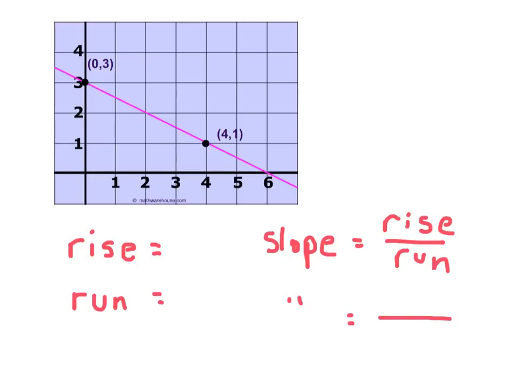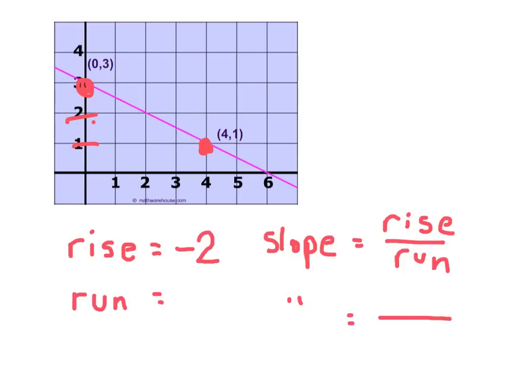Welcome back from pausing the video. Let's start with the rise, the difference in the y direction. I can see that y equals 3 at this point and y equals 1 at this point. So the amount of change was 2, and it's 2 in the negative y direction because it's going down.